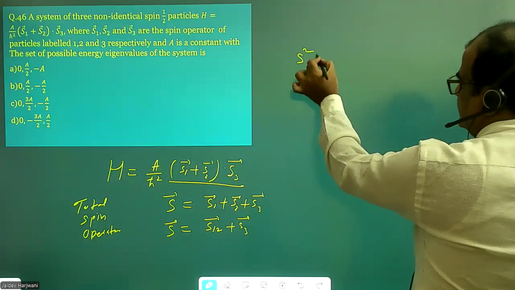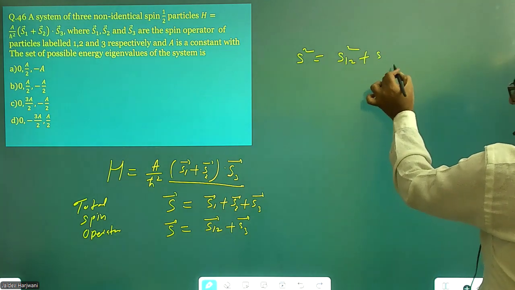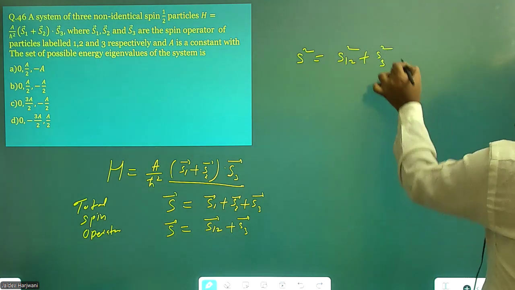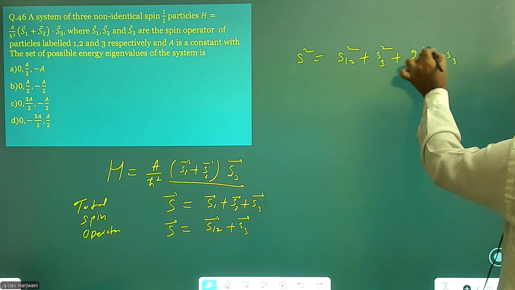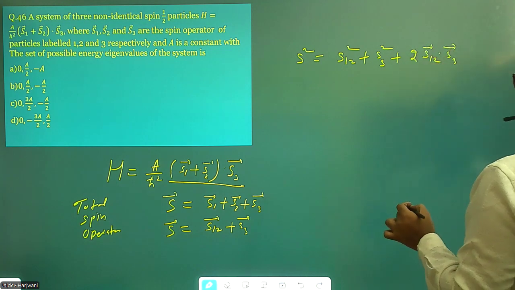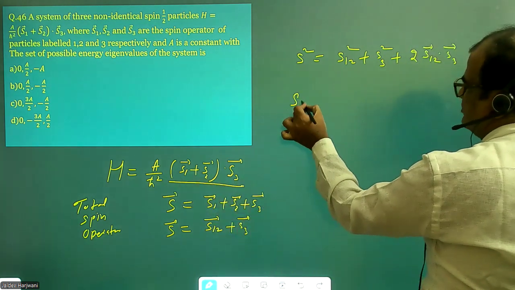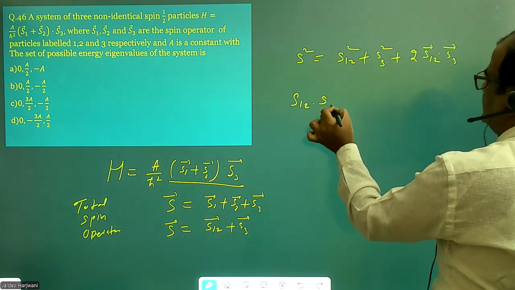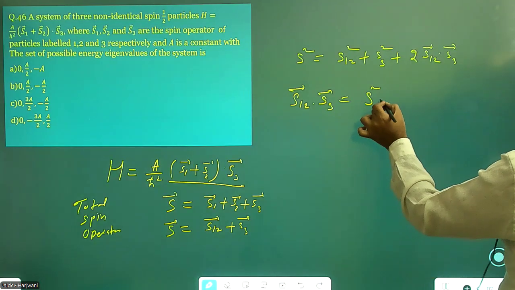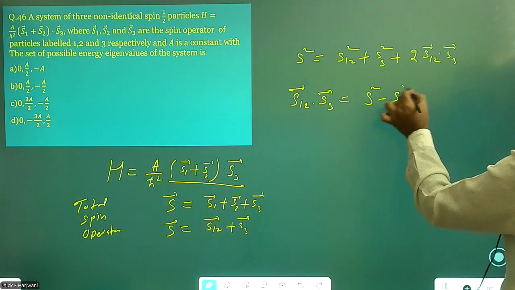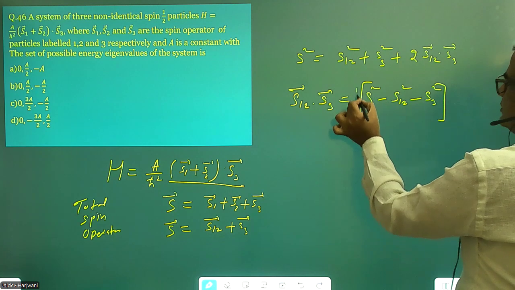So S² will give me S12² plus S3² plus 2 S12 dot S3. And now I want S12 dot S3, which will be equal to (S² minus S12² minus S3²) divided by 2.